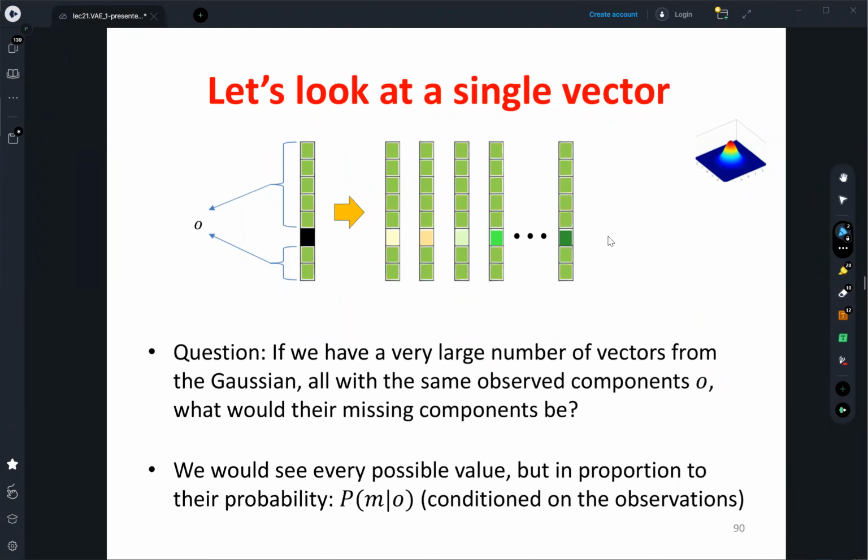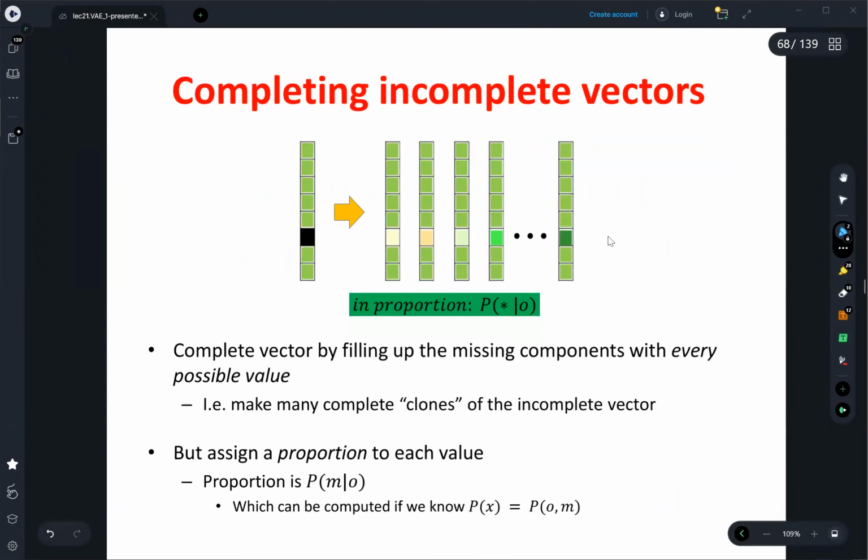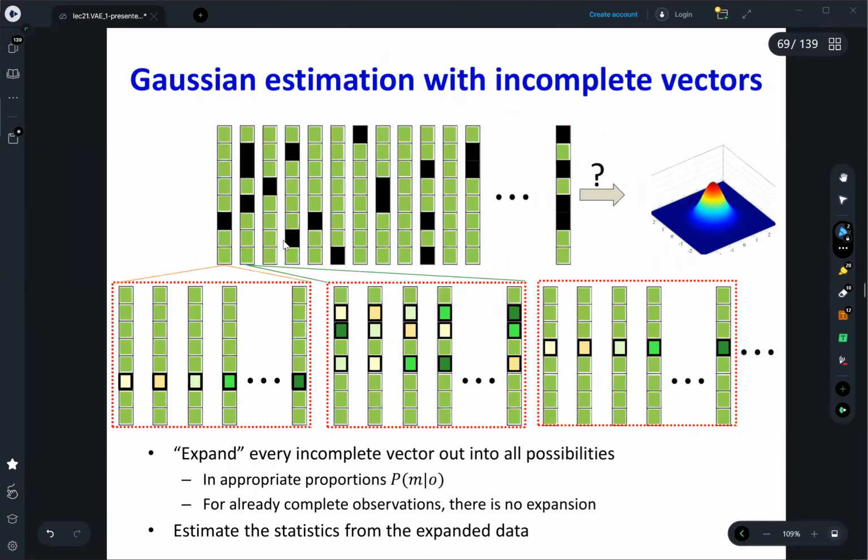Right. And so what you would do is fill it in with every plausible value, but in proportion to their probability. And so now every one of these vectors is going to become a giant bundle where every plausible value for this component is filled in proportion to its posterior probability. And now you have a collection of completed data.